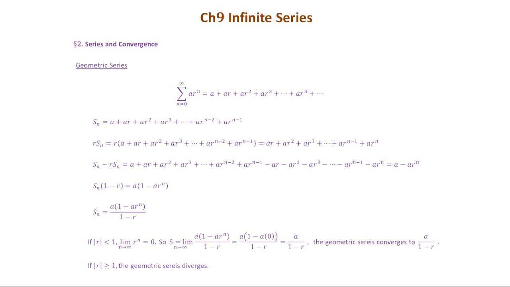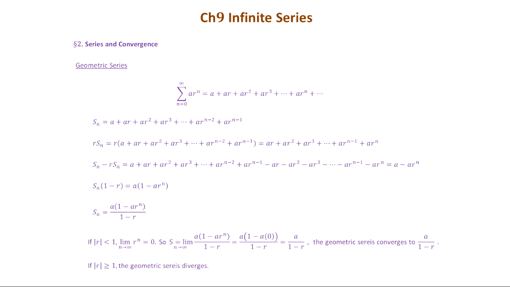So then, how do you find this sum? You can use a formula for the sum of this if you learned it before, but you can also easily find the sum by multiplying r on both sides of this S sub n. So we get r times S sub n on the left and r times the whole sum on the right.